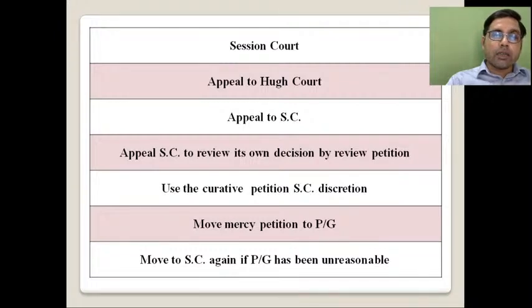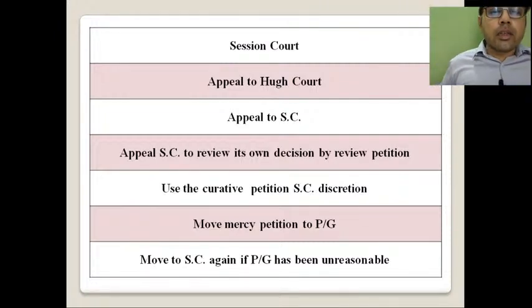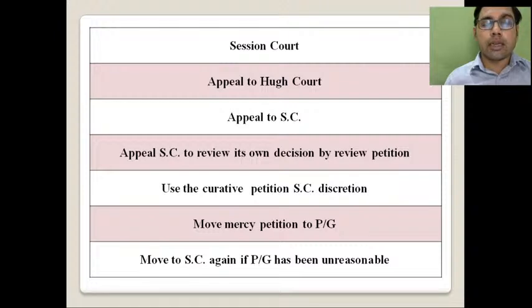सुप्रीम कोर्ट के जजमेंट को भी वो रिव्यू पिटीशन के थ्रू, सुप्रीम कोर्ट में भी रिव्यू पिटीशन लगा सकते हैं, जिसके थ्रू सुप्रीम कोर्ट के जजेस अपने ही जजमेंट को रिव्यू करेंगे. And after such a review petition, even if you are not satisfied, then you may go for a curative petition. But I am saying a curative petition is not a right of an accused, a convict.